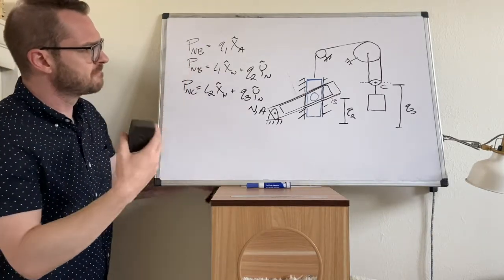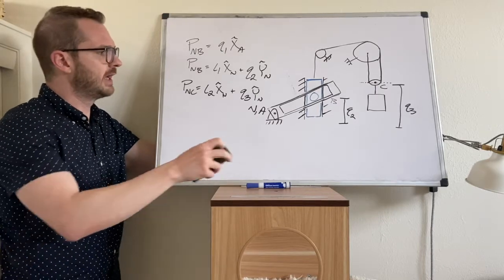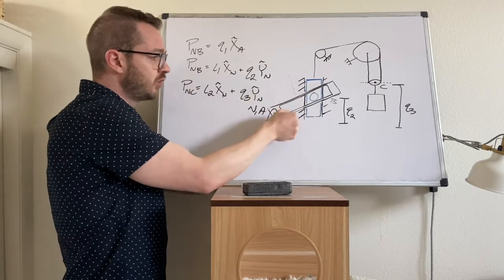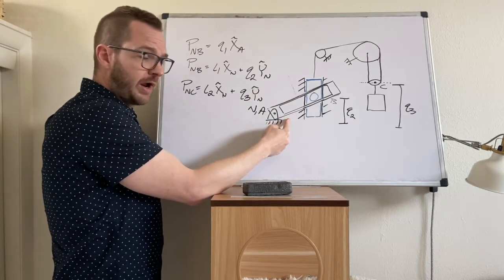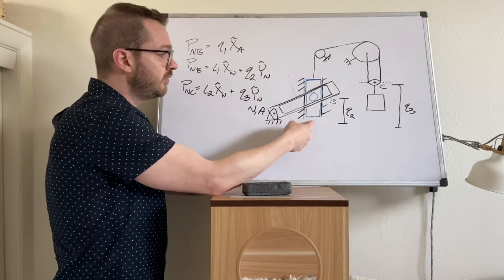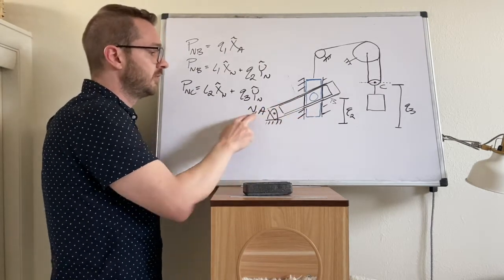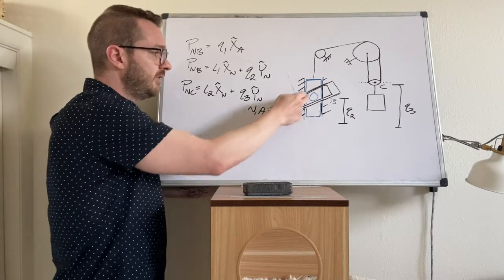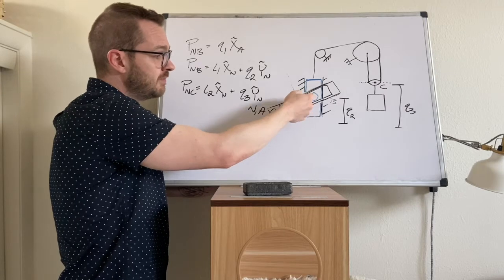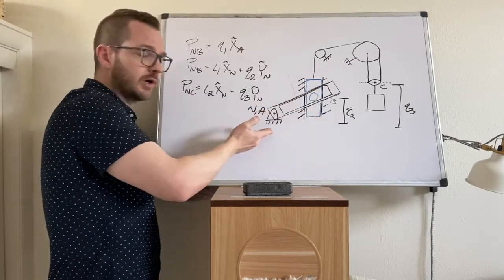Well, if you're thinking ahead, we're going to have to write some constraint equations, and there's going to be a constraint that connects the rotation of this crank to the translation of the block. And in order to do that, we're going to create a vector loop. So there is a loop constraint: we're going to go from N to B, and then we're going to go B back to A, and in doing so, we're going to come down this distance Q2, and then we're going to come back.